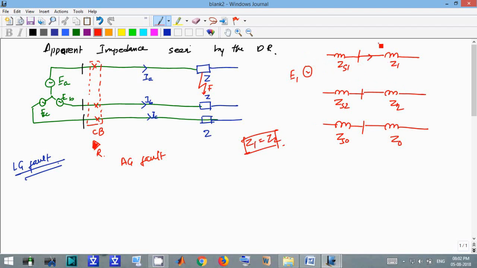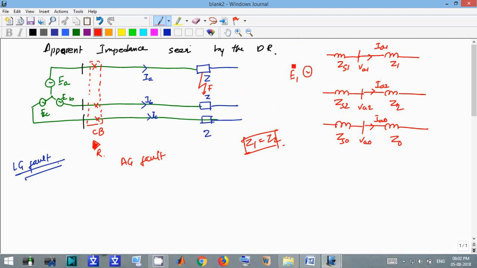Current flowing through this is IA1, this is IA2, and this is IA0, and this is VA1, VA2, VA0. So this is the sequence component equivalent circuit.